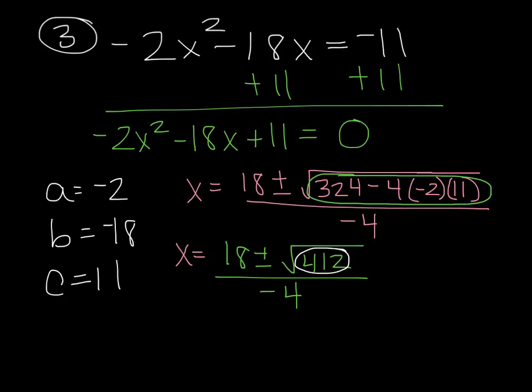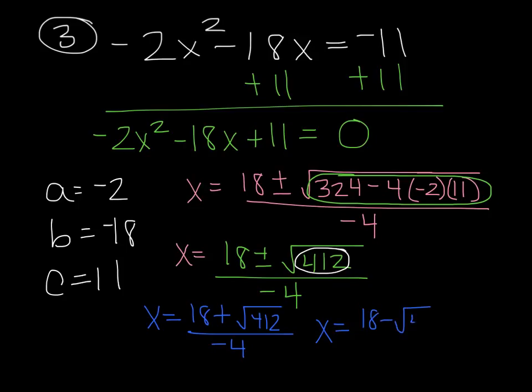It's positive, so that means there's 2 solutions. So let's figure out what those 2 solutions are. We're going to take x is equal to 18 plus the square root of 412 all over negative 4, and x is equal to 18 minus the square root of 412 all over negative 4.